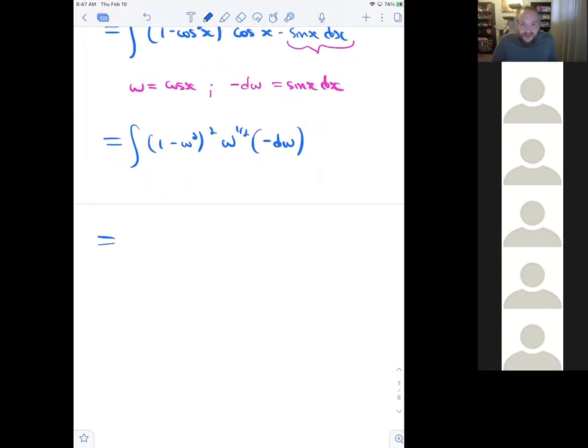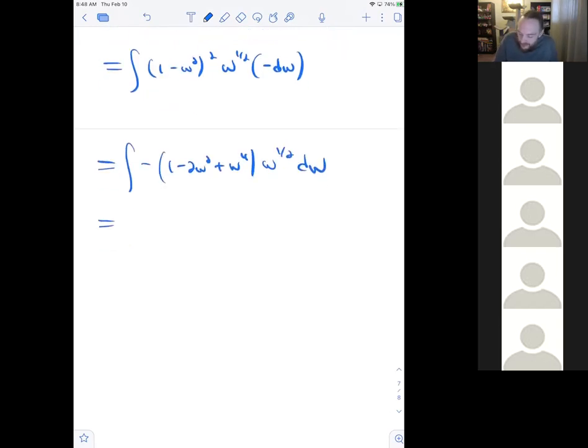All I'm doing is foiling everything out and getting myself the power rule over and over again. So this should be the integral of, when I clean this up, negative 1 minus 2w squared plus w to the 4, and then w to the 1/2 on the outside, which would equal the integral of w to the 9 over 2 minus 2w to the 5 over 2 plus w to the 1/2.